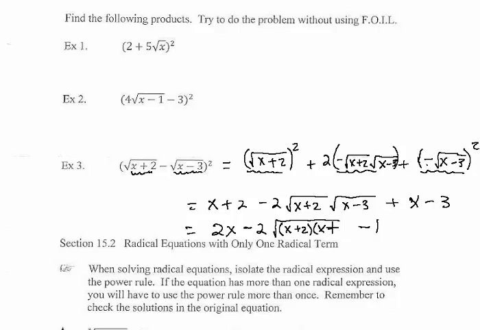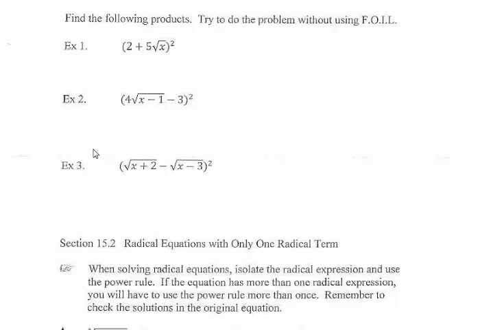So we can write this as 1 square root instead of 2. Maybe it looks a little less intimidating. And we could leave it like this. This is pretty much as far as we can go with this trinomial. So you have to know how to FOIL a binomial that contains a radical expression.